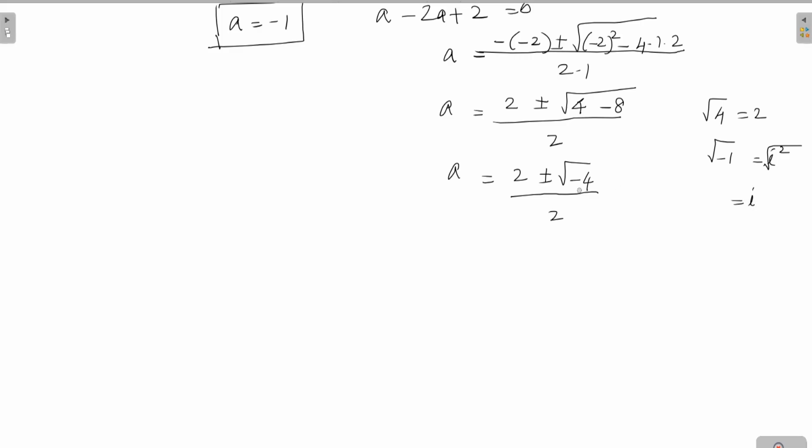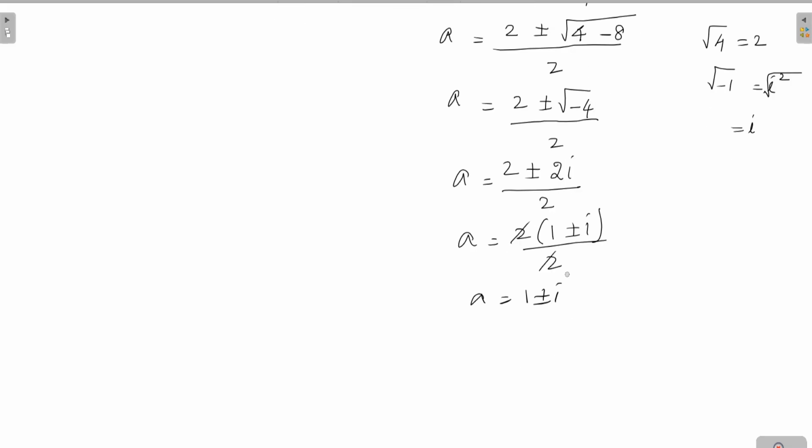So it has imaginary roots: a equal to 2 plus or minus 2i, the whole divided by 2. Now 2 is a common factor, so 2 times 1 plus or minus i divided by 2. These 2s will be cancelled. Finally we have the two roots: a equal to 1 plus or minus i.